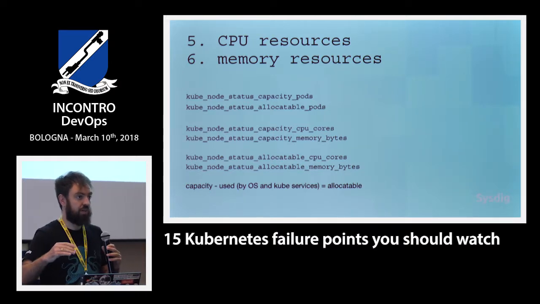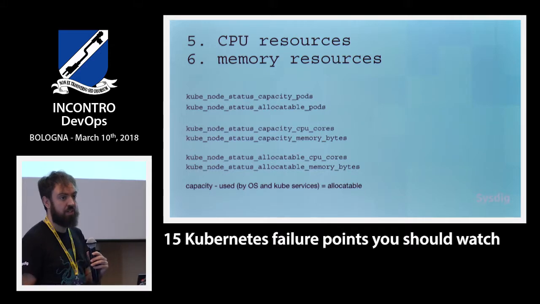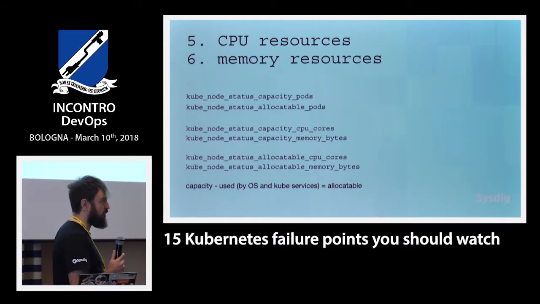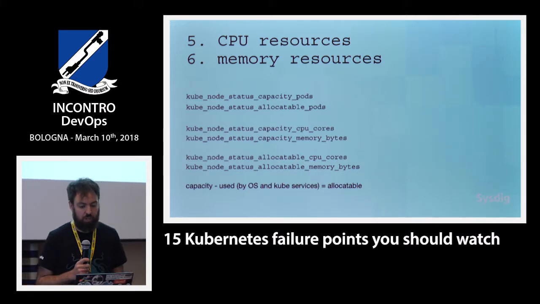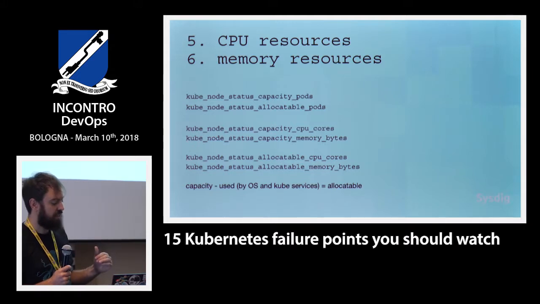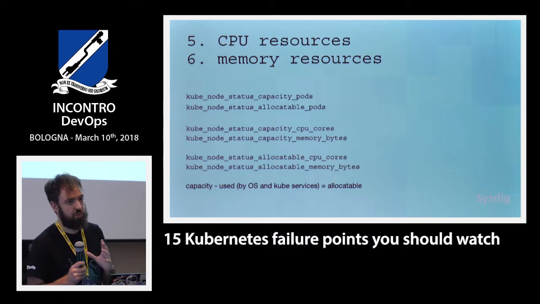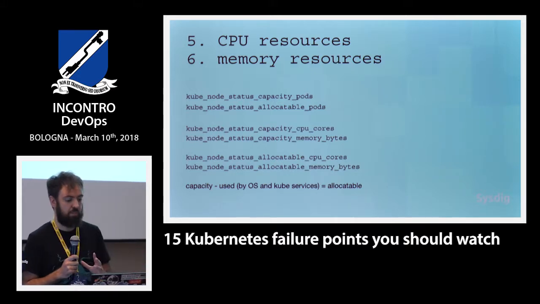Because it's very important to make sure that we are sizing our cluster up to the requirements that our applications need. One thing which is not always obvious, and we need to take care when doing these maths and comparing things, is that capacity is not all the resources we have available for running pods.